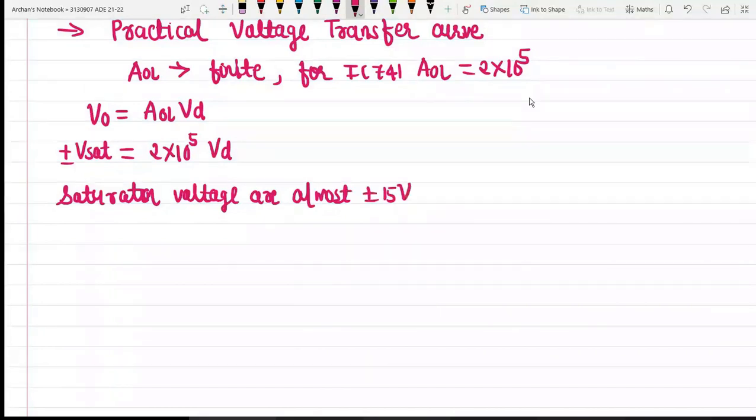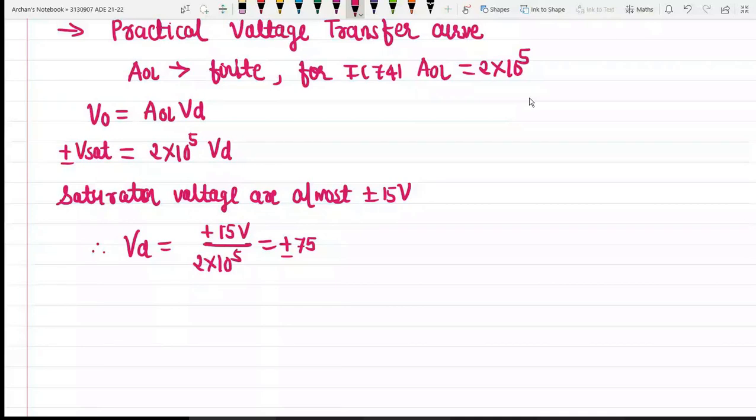So the difference voltage is equal to plus or minus V saturation, that is 15 volt, divided by the gain 2 into 10 raised to 5, and that gives us the value plus or minus 75 microvolt. See, this is the range.